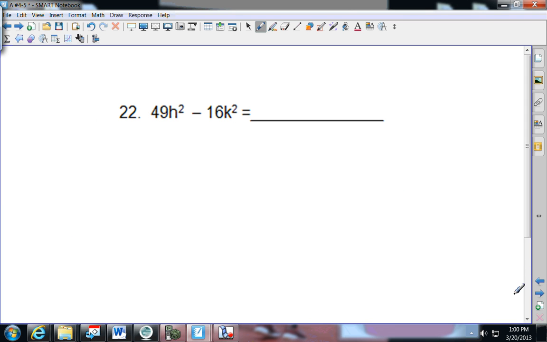Number 22. On number 22, there's two terms. And if I go, it's going to be a difference of squares or a perfect square. I've got a plus and a minus. 49 splits up as 7 and 7.